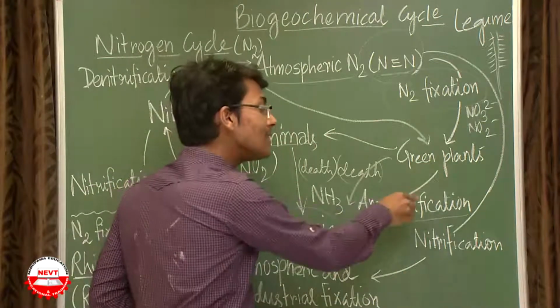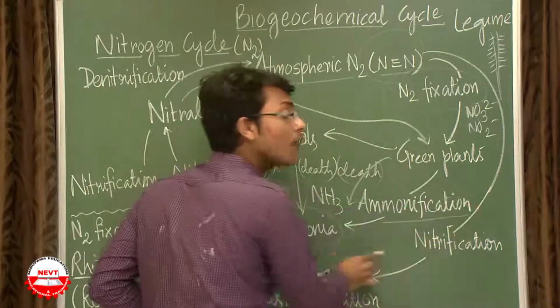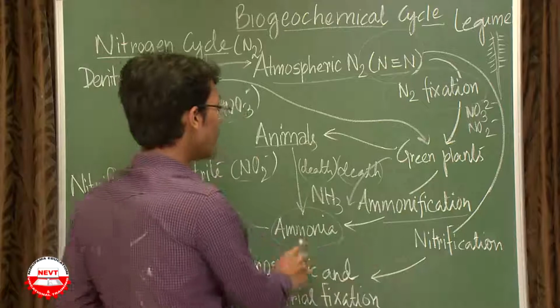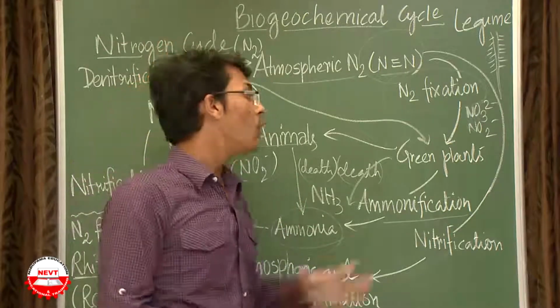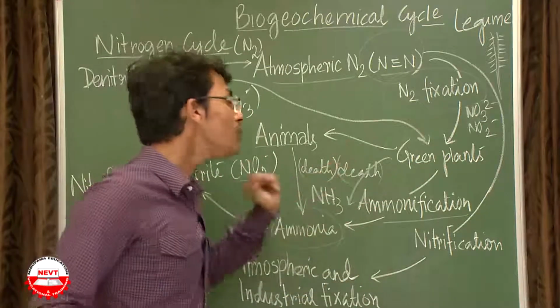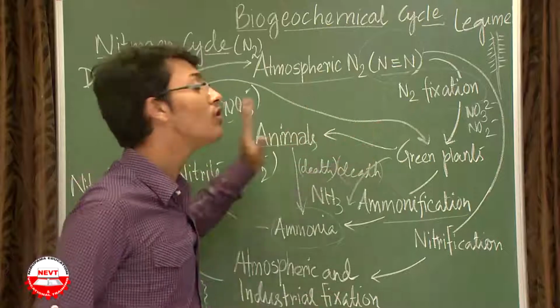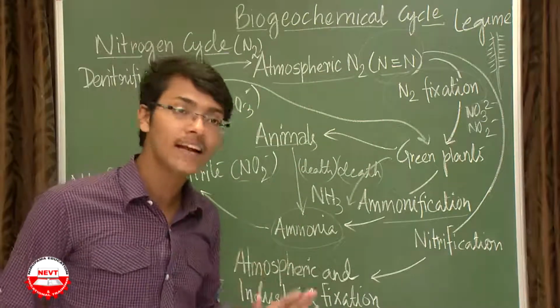Also, green plant excreta and animal excreta, by the process of ammonification, give back ammonia. So by three processes we are getting ammonia. One, directly through the green plants. Second, after the death of green plants. And third, after the death of the animals who feed upon these green plants. I think I am clear.